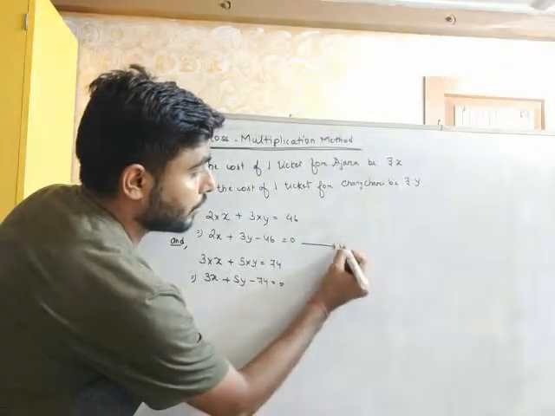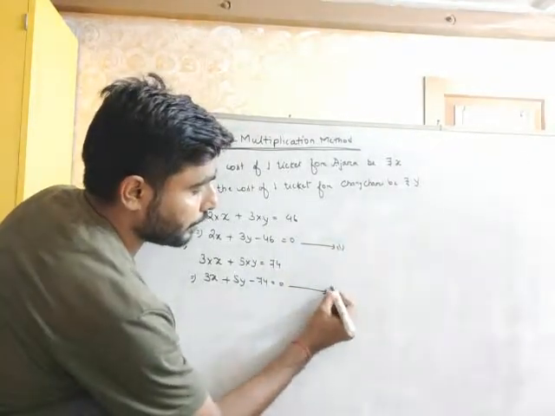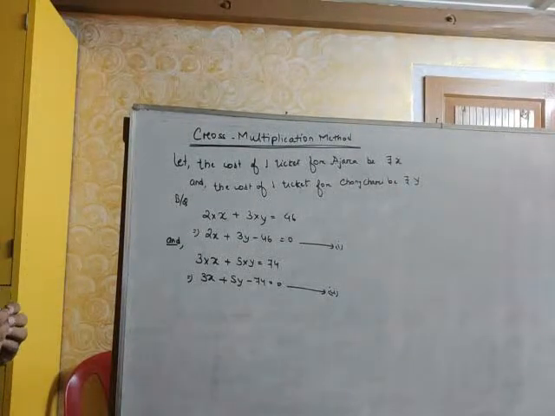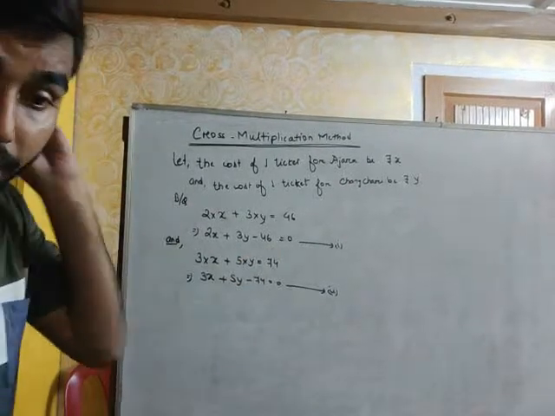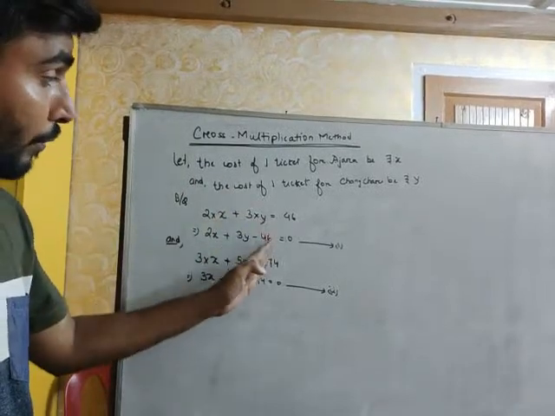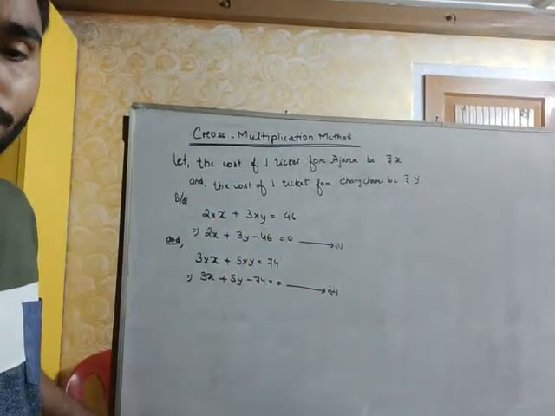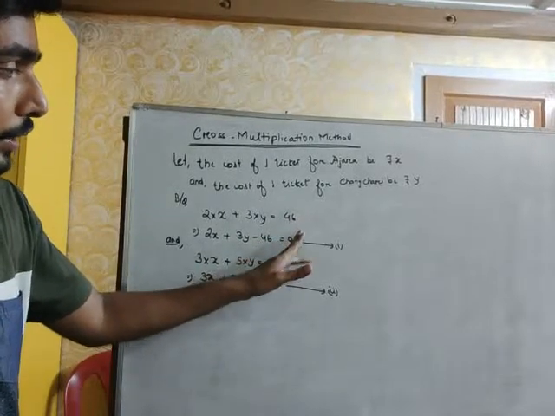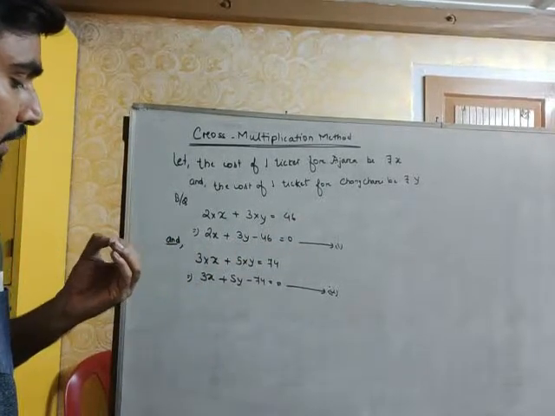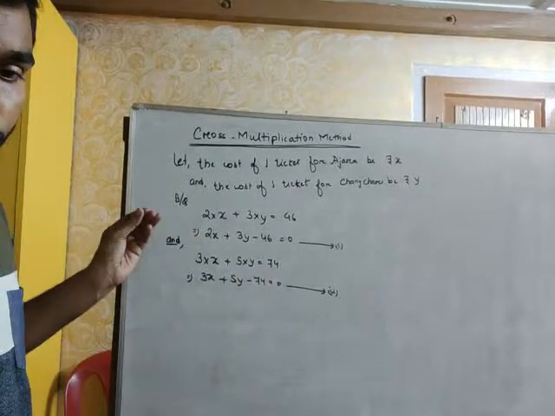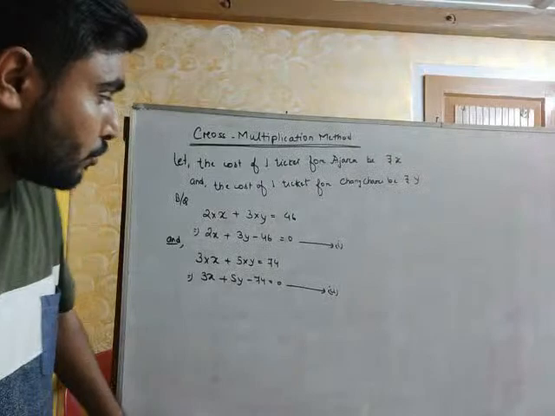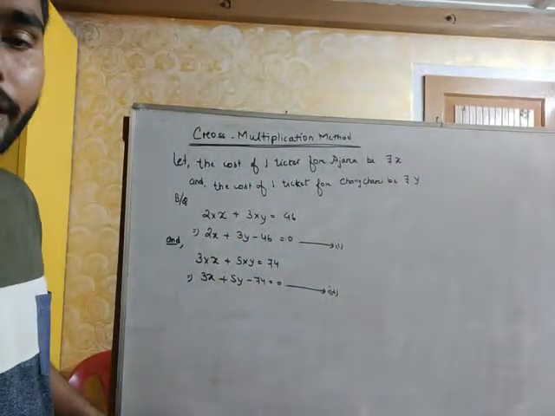This is equation number 1 and this is equation number 2. Now try to make an equation where the right hand side is equal to 0, because if you take 46 there, it will be minus 46, so that you know the actual sign of the constant term. Clear? So try to keep it equal to 0.